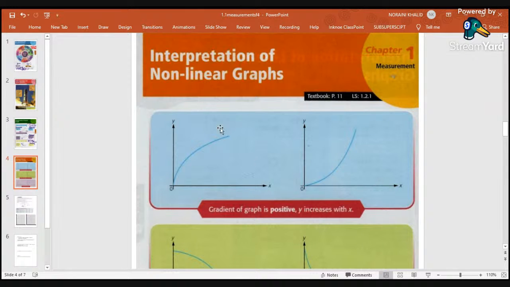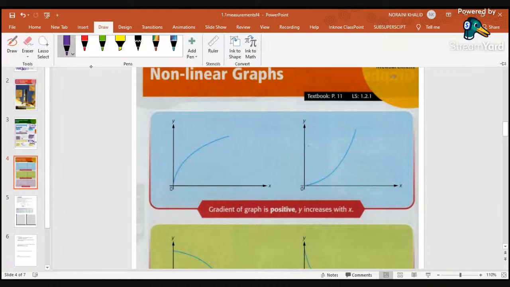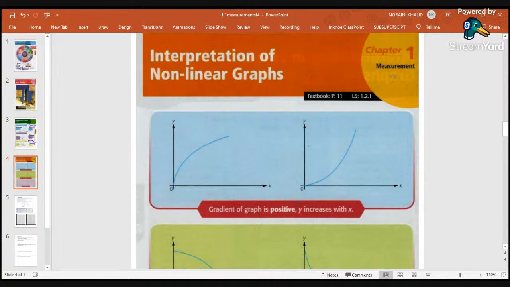For this one, the gradient of the graph is positive, either this way or this way. So for this bow shape, you will get y increases with x.